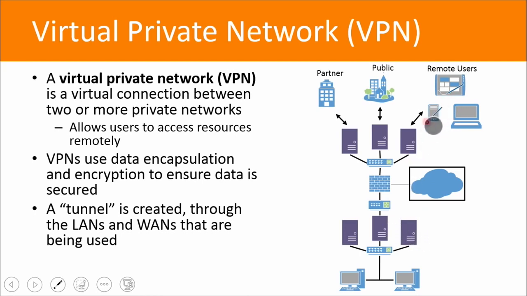Well, you just create a tunnel that follows directly through until you get all the way to this router, right? And then access the server from there. Okay. VPNs use data encapsulation and encryption to ensure that the data is secure. That's also something that shouldn't be glossed over. Okay.